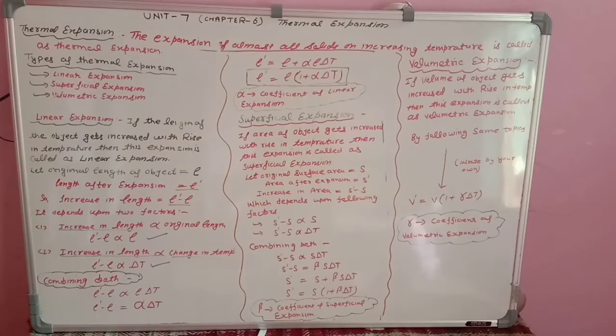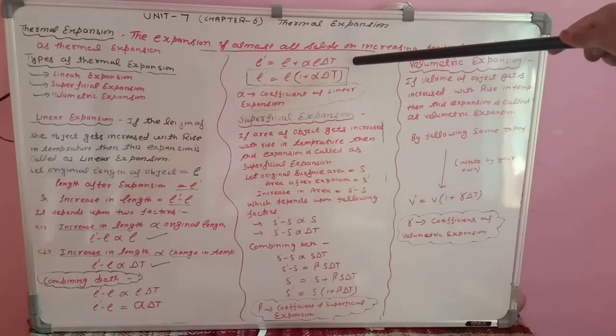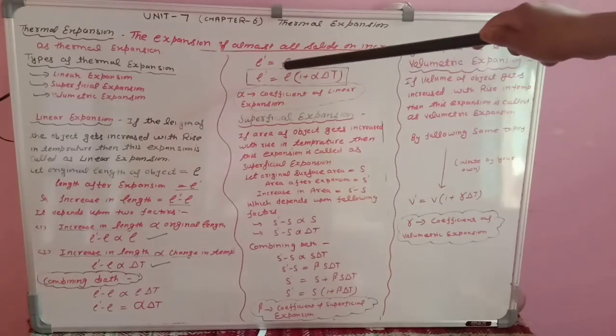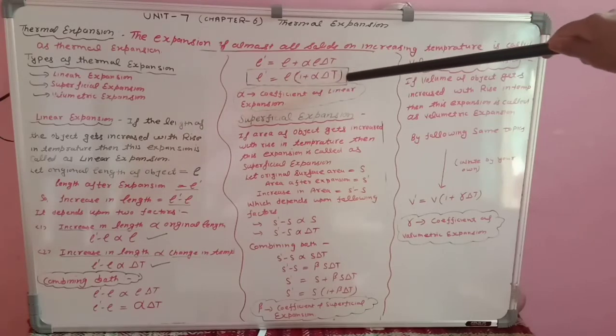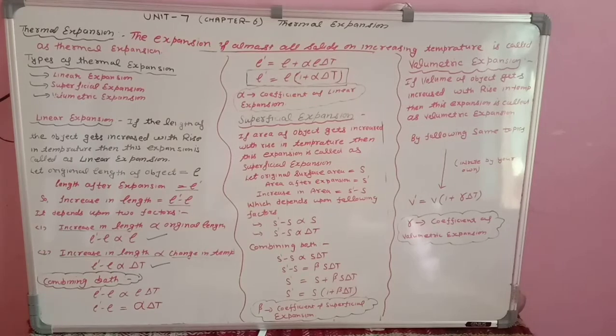Okay, so you can see on the top now that L dash is equal to L plus alpha L delta T. That L I have brought on the other side, so its sign will change, it will become plus. L I can take common, 1 plus alpha delta T. So in all these three steps you can see alpha is here, and alpha is known as coefficient of linear expansion.